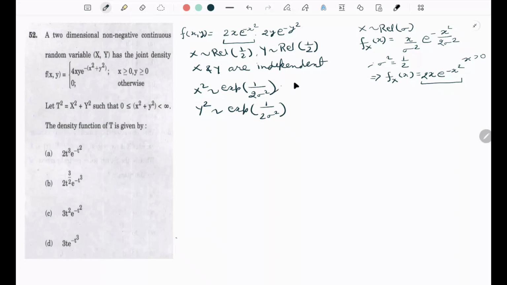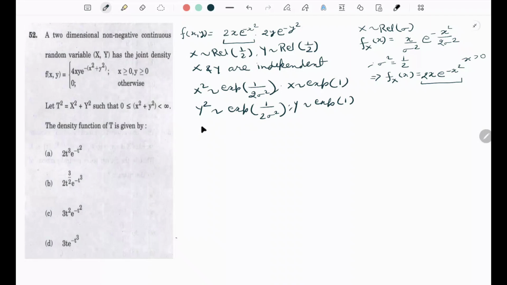So here X² follows exponential with parameter 1. Why? Because the value of σ² is 1/2, so this 2 will get cancelled with 2. So we will get parameter as 1. Also, Y² will follow exponential distribution with rate parameter 1.